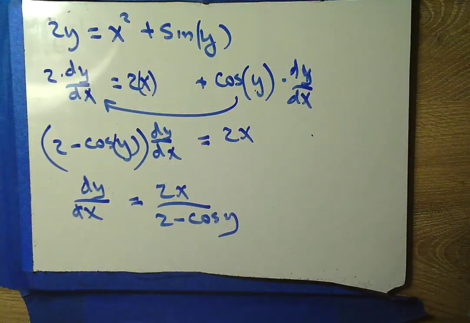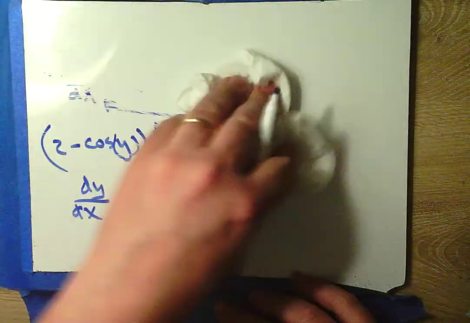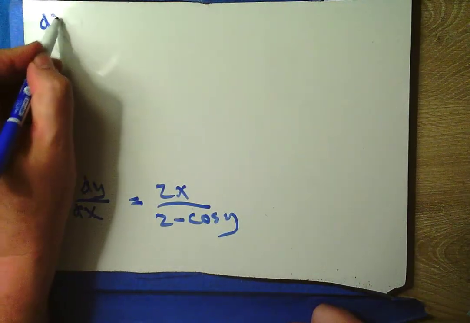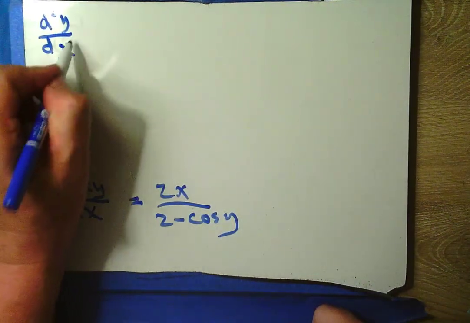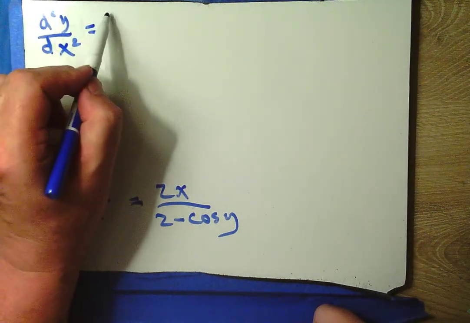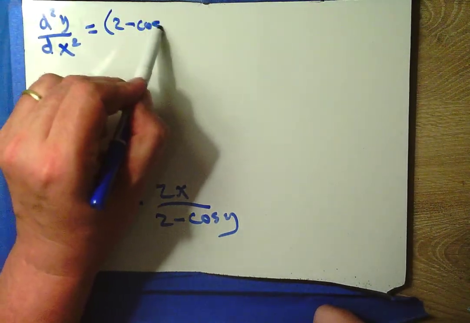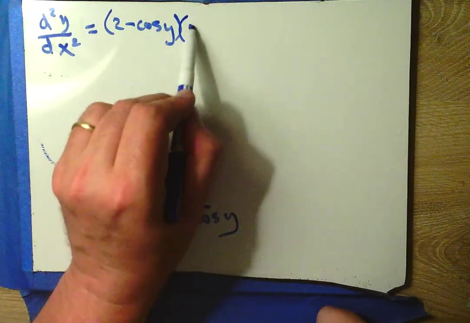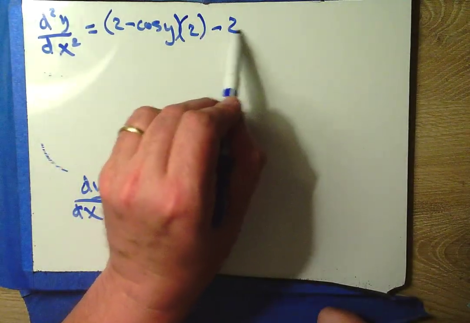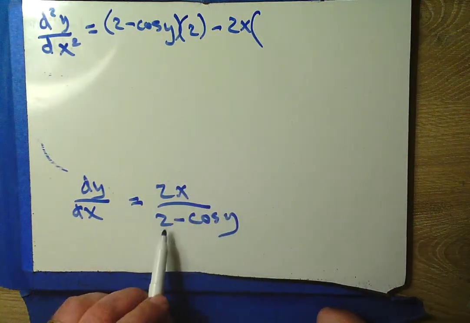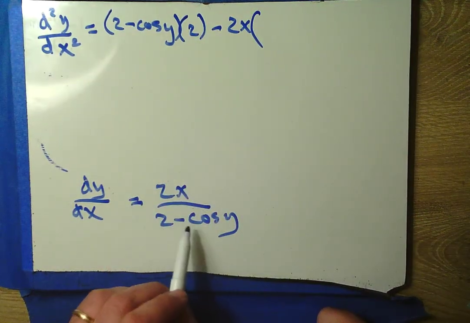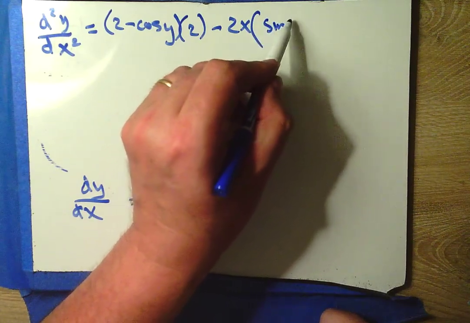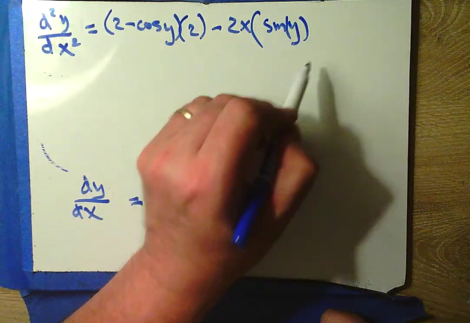For my second derivative, I need to use the quotient rule. Okay, so the second derivative will be low d high, the derivative of the top will be 2, minus high d low. The derivative of 2 is 0. The derivative of negative cosine is positive sine. Leave the inside alone.